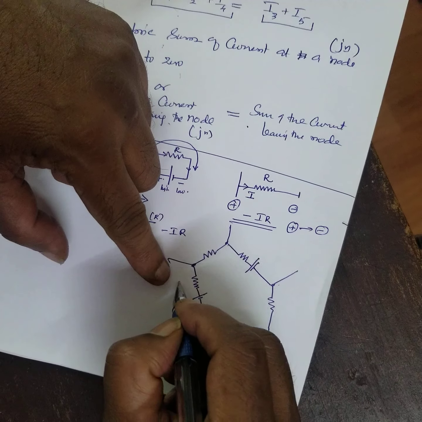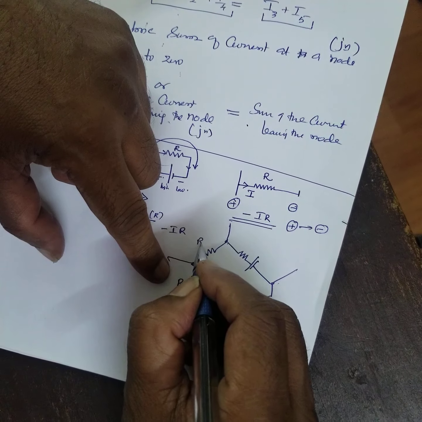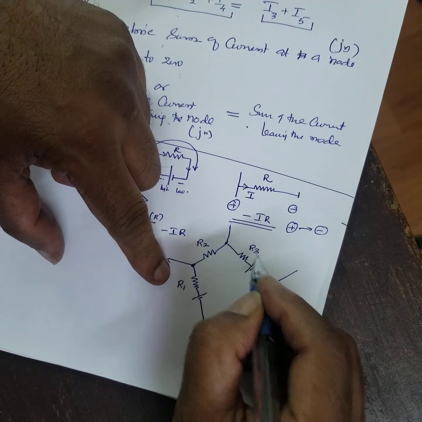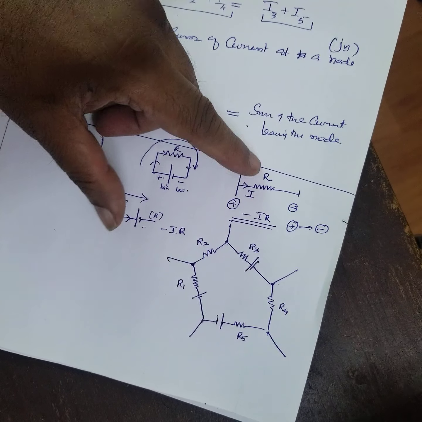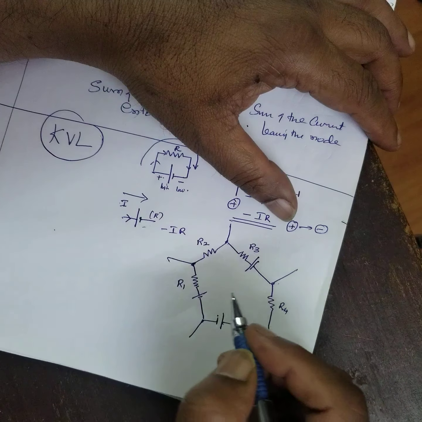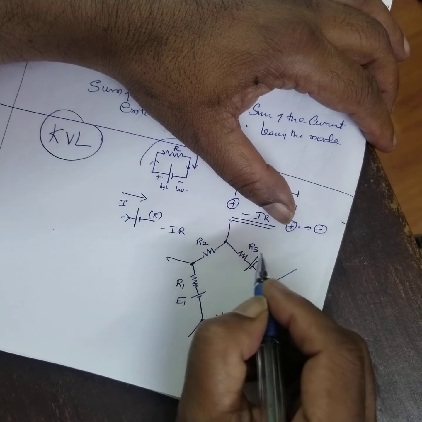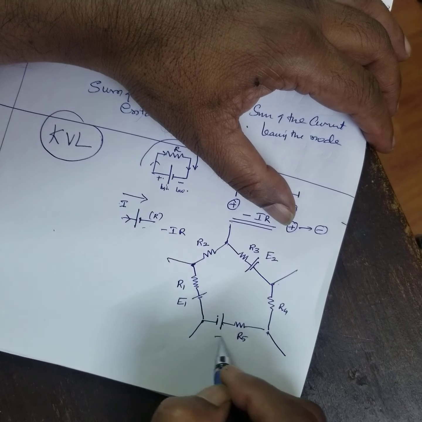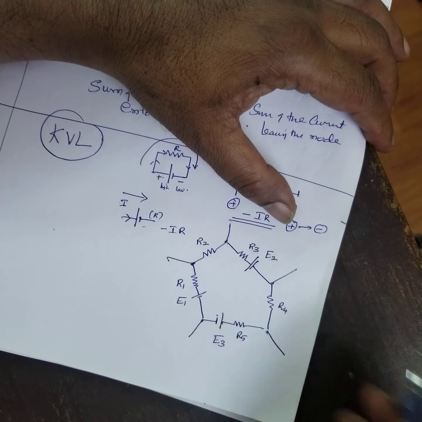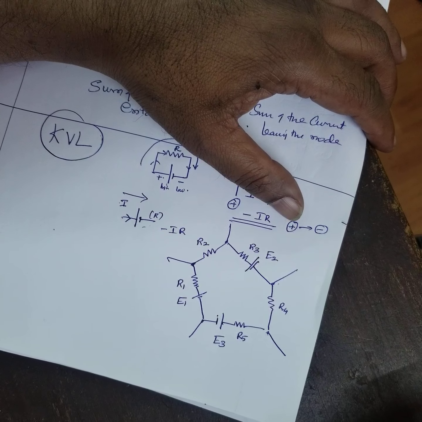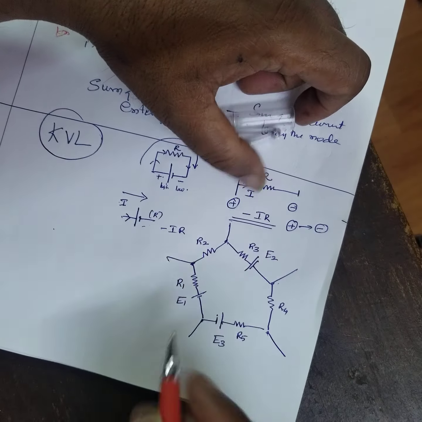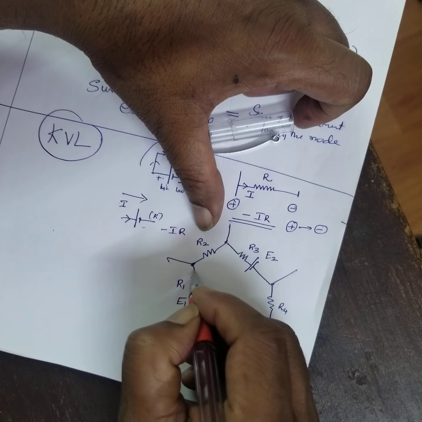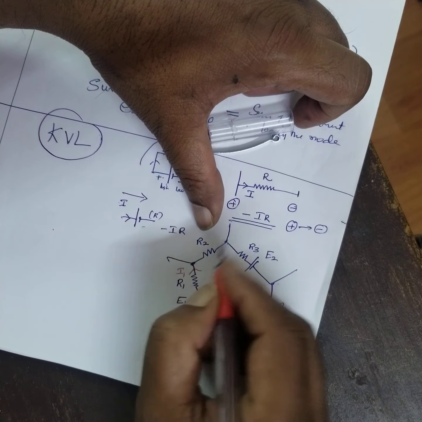Here I'll write R1, R2, R3, R4, R5. Now here E1, E2 and E3, there are 3 batteries, 3 cells. Now you write the current arbitrarily, in whichever direction you want. Suppose I am sending from positive to negative, current goes I1.